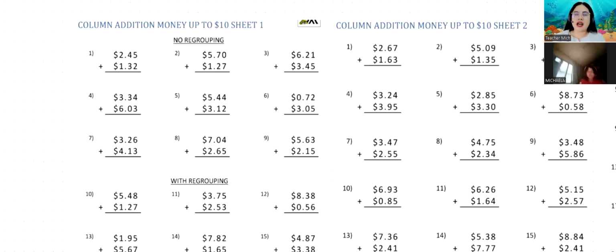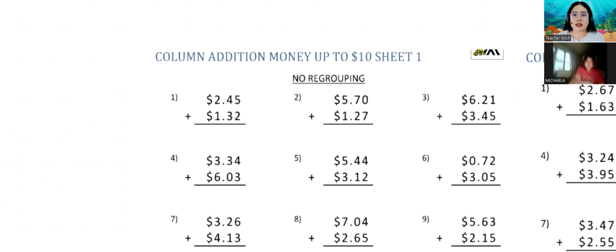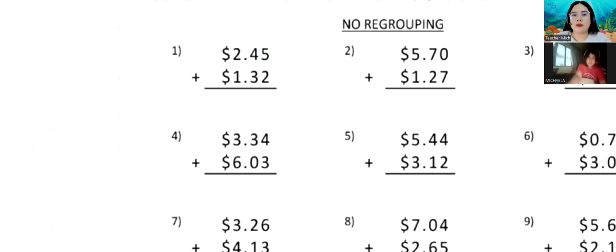So Michaela, how do we add money? So this one is in dollar form. Okay, so in peso form, we have this symbol. It can be like this or like this. This is in peso form. Okay?